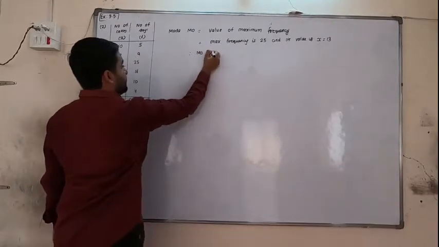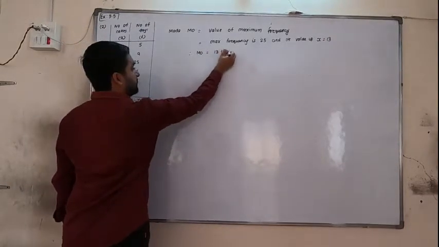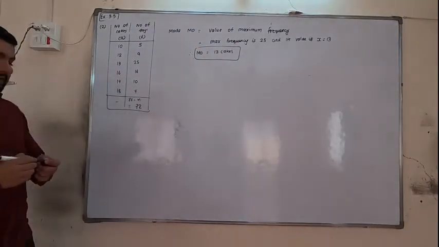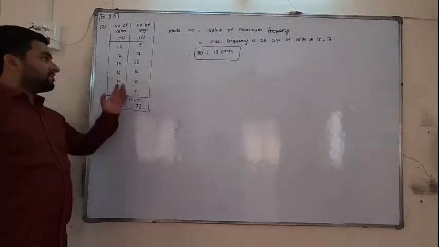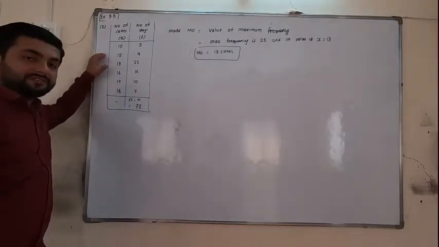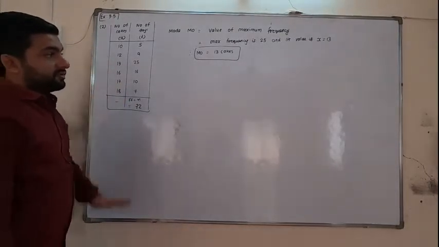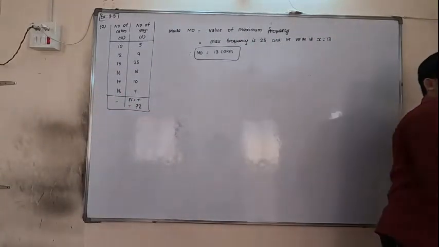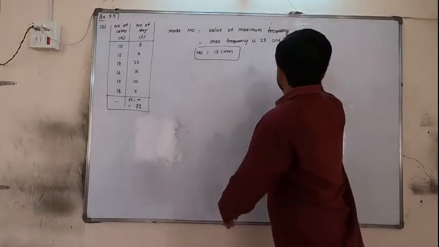Therefore, MO is equal to 30 cakes. So again this second sum, you just have to check which is the maximum frequency. If it occurs only once, then it is okay. If it occurs more than once, then we have to use the empirical formula. Okay, so this was sum number 2, very easy sums.